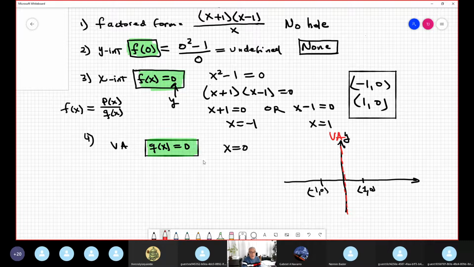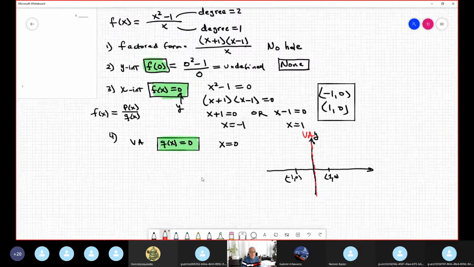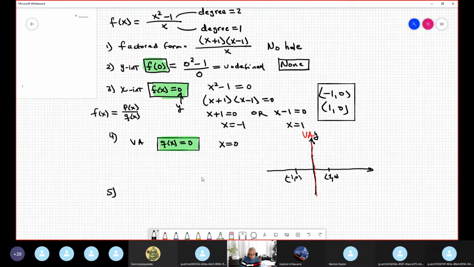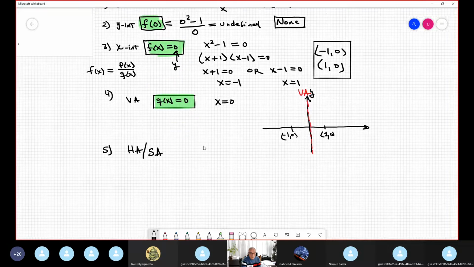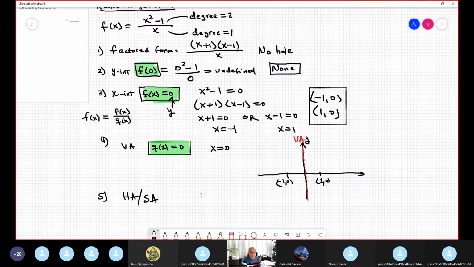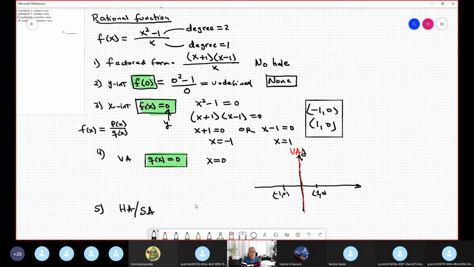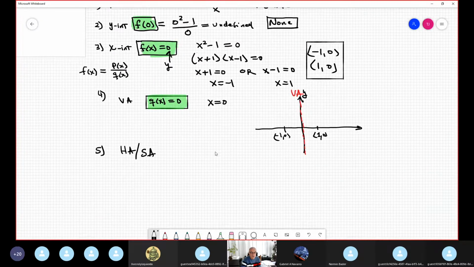And step number 5. You determine the horizontal asymptote or slant asymptote, depending on the analysis of the degree we are doing. Okay, we go back to the beginning. Look, at the beginning, we have that function, f of x equals x squared minus 1 divided by x.